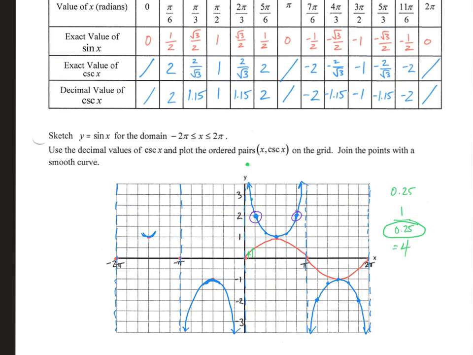I want you to notice this value should have gone through 2. I'm really close. Okay, over here I was off, but I still get a pretty decent curve. So if we make sure that our curve is well-rounded, then even just with a fast curve, I was almost bang on.